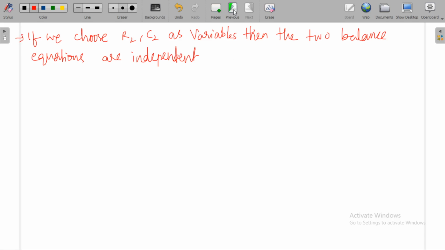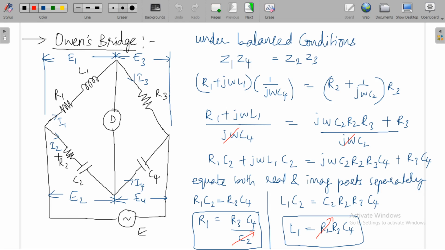So you choose R2 and C2 so that these two equations are independent of each other. So these two are variables.